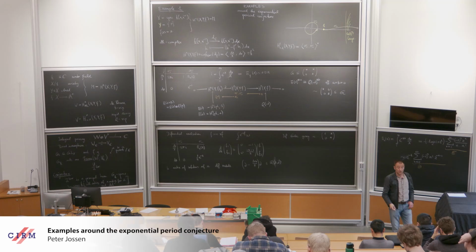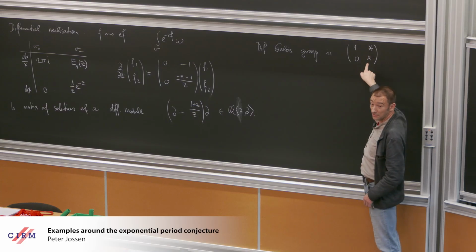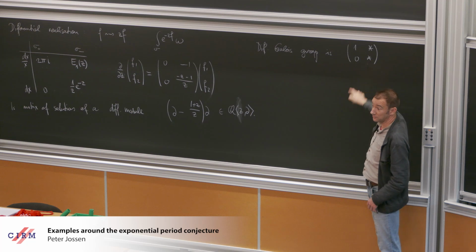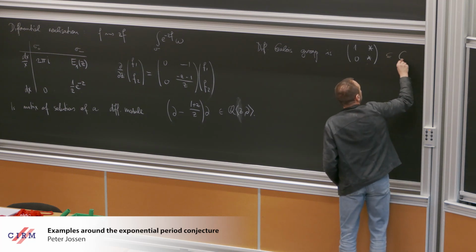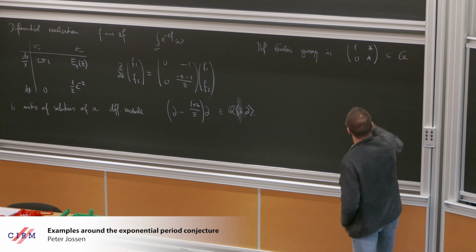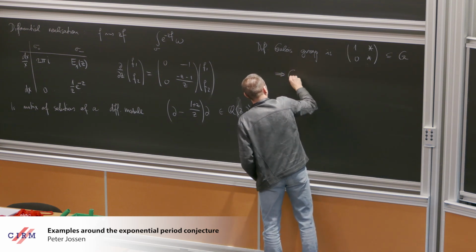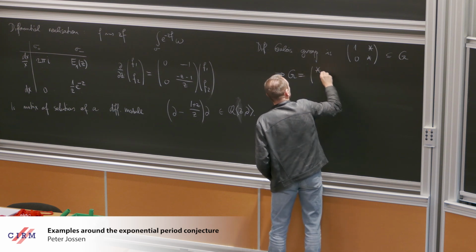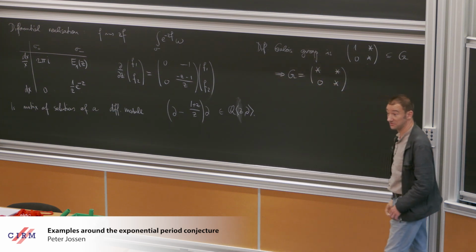So the group where you are allowed any non-zero entry up here and any entry up here and any non-zero entry down here. So it's a linear algebraic group over Q, and it's contained in G. And now we conclude that the group G is actually the full group of upper triangular matrices.